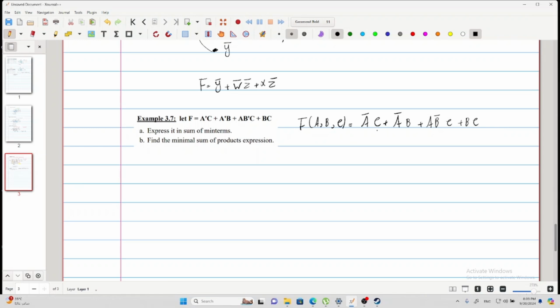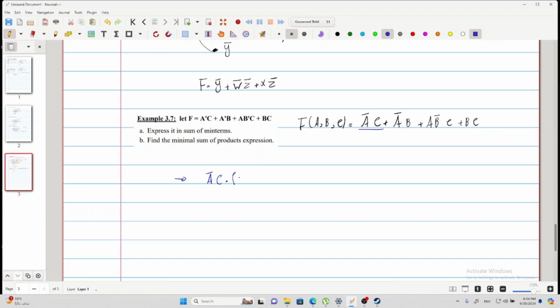To express it as a sum of minterms, all we have to do is make sure that all three variables appear once in each term. So what does that mean? Let's try to do it. Look at the first term, which is A prime C. What is the one variable that does not show?